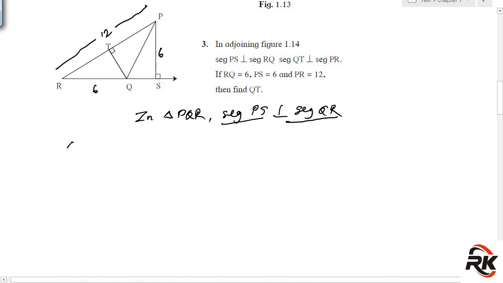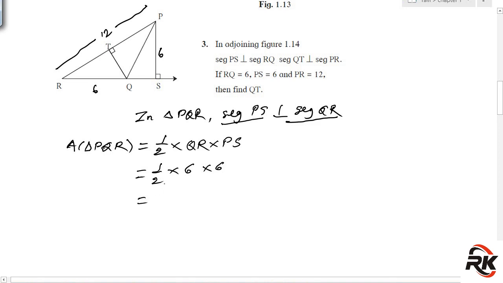Using formula, area of triangle PQR is equal to 1/2 into base QR into height PS is equal to 1/2, QR is given 6 into PS also 6. Answer is 18 square units.